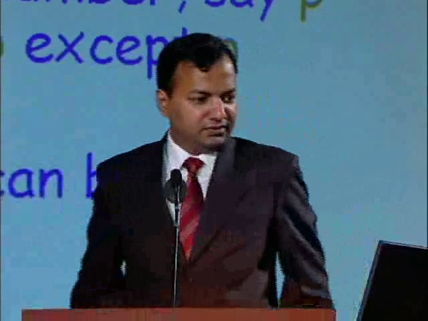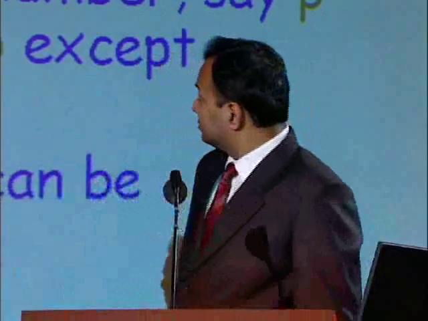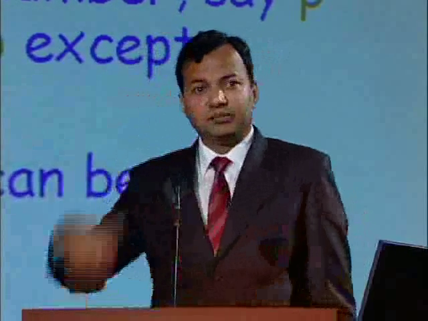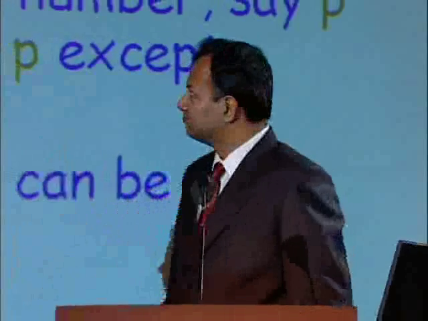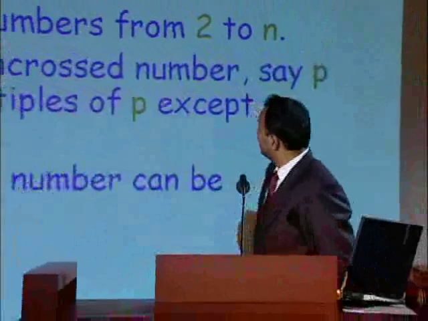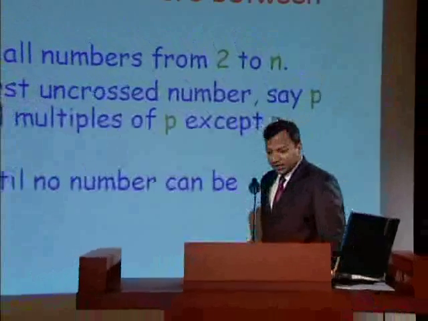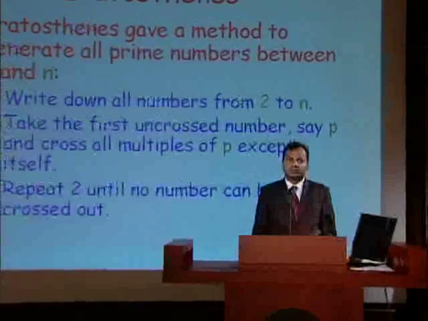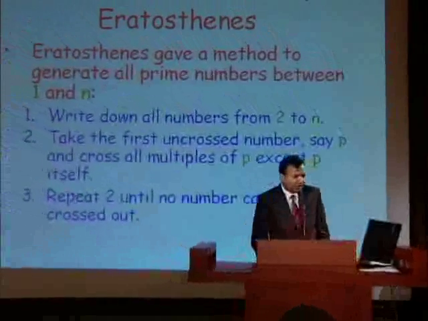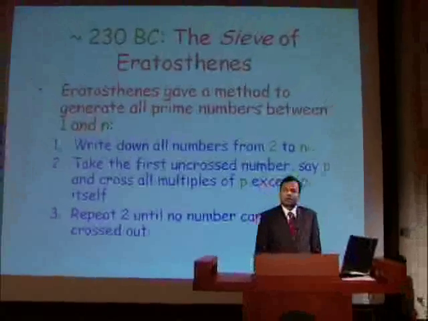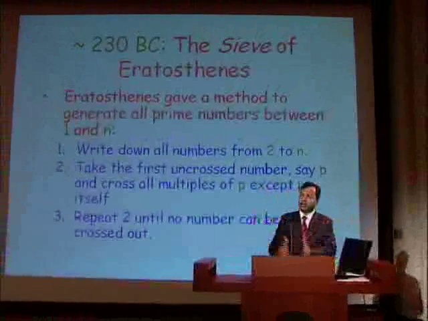Then, around 230 BC, in the same school as Plato, I think, Eratosthenes came up with a method which is referred to as the sieve of Eratosthenes. This method allows us to generate all prime numbers between 1 and n.